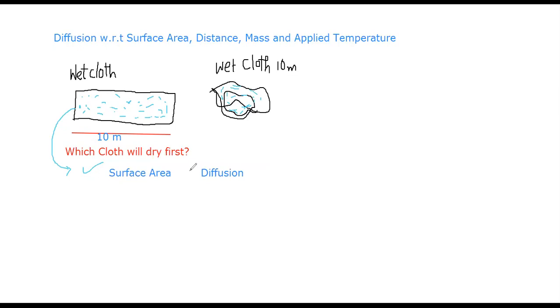For directly proportional, we use a symbol. This is called directly proportional. It means that more surface area means more diffusion.